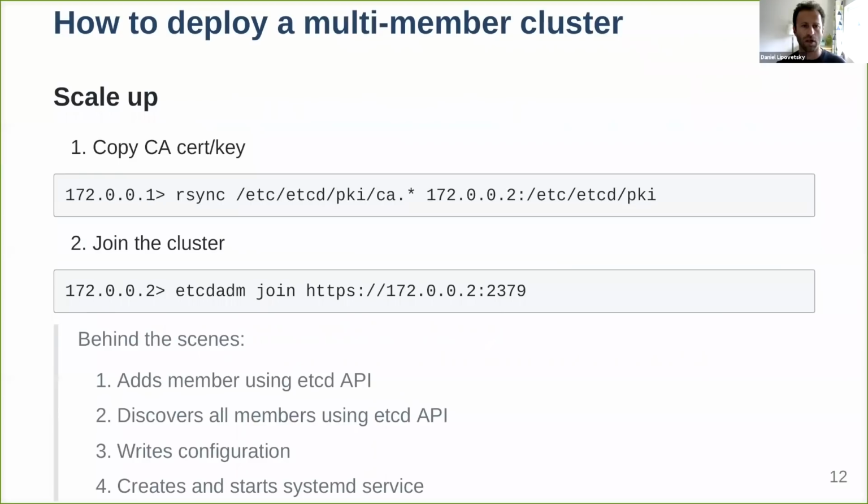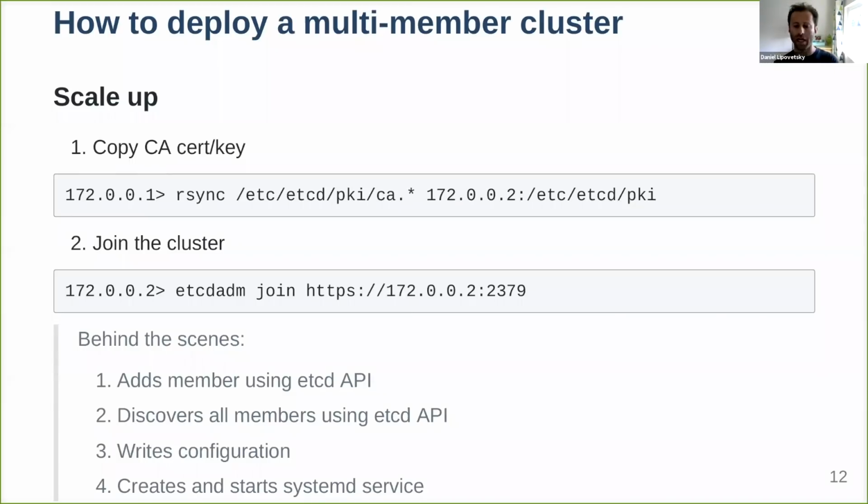Now, the next thing that I want to do is scale up my cluster. In order to do that, I'll want to copy over the CA cert and key, so the other members can use that to sign their server and client certificates.